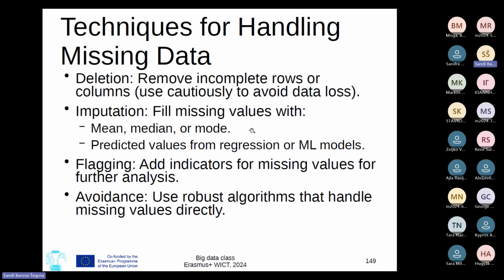Median and mode are just different ways of calculating the average. Mean is what you know as the average: sum all the values and divide by the number. Median is to list all the values and get the middle element.